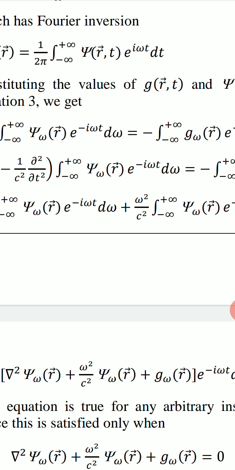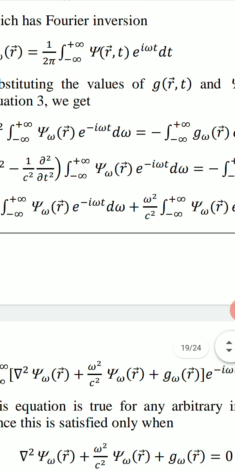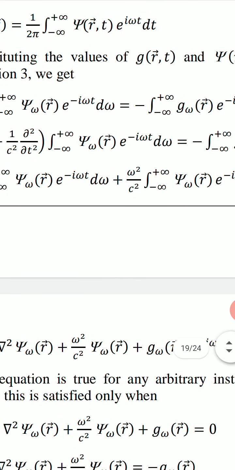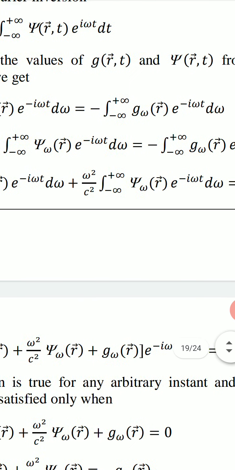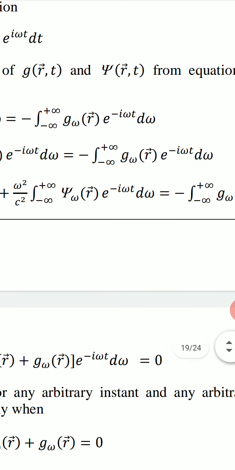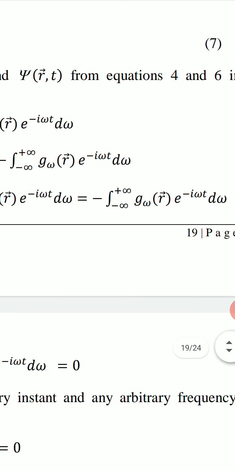And if we differentiate twice, then we have minus I omega square. Minus I omega square will be equal to minus omega square. So we have second term as equal to plus omega square c square integral psi omega r e to the power minus I omega t d omega, and right hand side is the same.